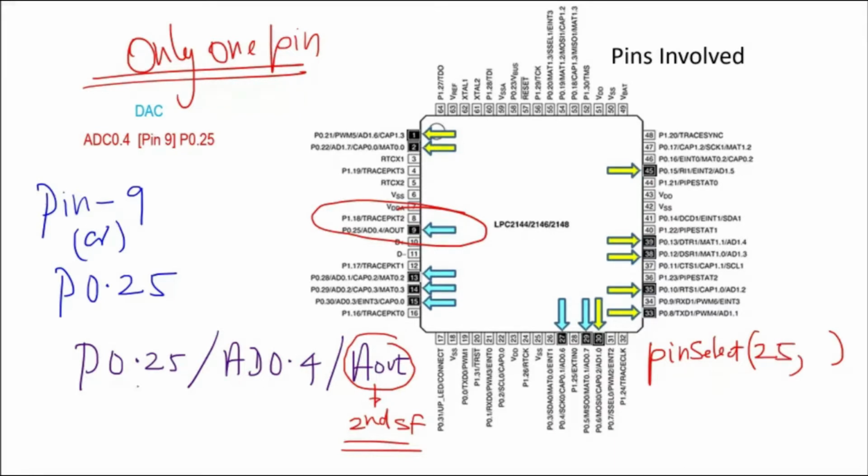Then what is the special function? 0 is the default, 1 is the first special function, 2 is the second special function. So I will pass 2. If I pass pin select 25, 2, the 25th pin of port 0, or pin number 9, automatically gets converted into the digital to analog converter function. This is the first thing that you do if you want to use pin number 9 for analog output.